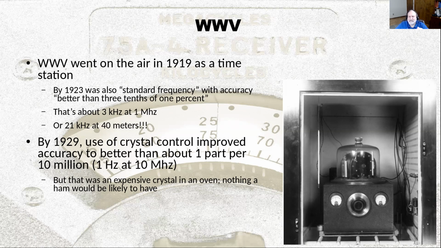If you look at the picture on the right, the crystal is inside that coil of heating wire, which is under the glass jar, which allows the thing to be pumped out to a vacuum. This was very expensive and beyond the reach of hams, but it shows what the technology would allow if money were no object.